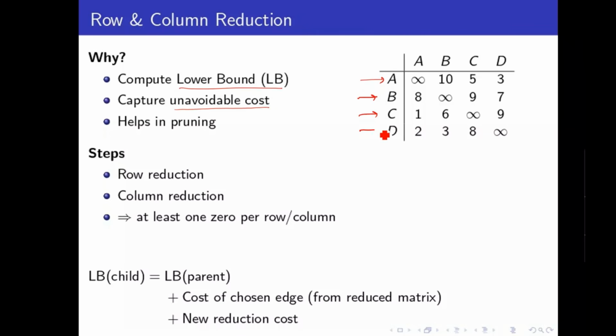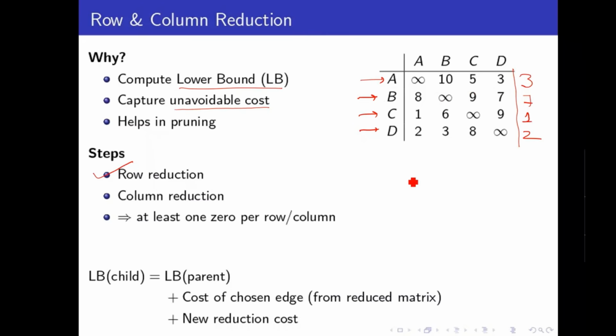For every row, what is the minimum cost? Right? So for example, here minimum is 3, here minimum is 7, minimum is 1, minimum is 2. And then we'll subtract this minimum from the each row. That we'll call as row reduction. Okay.